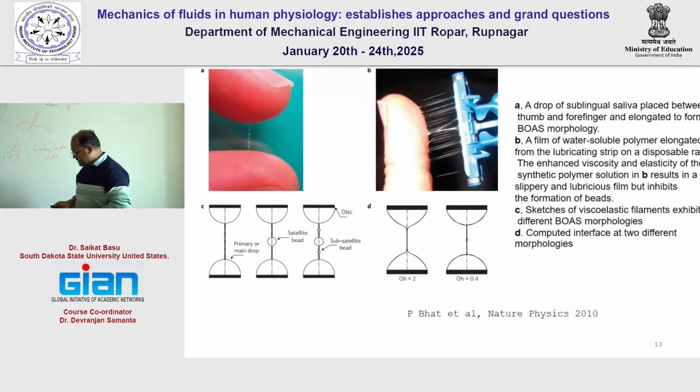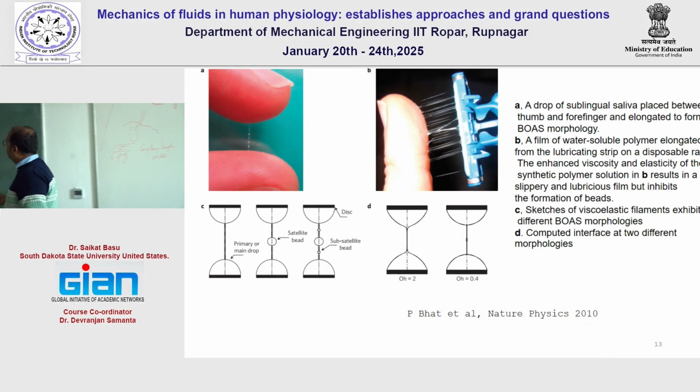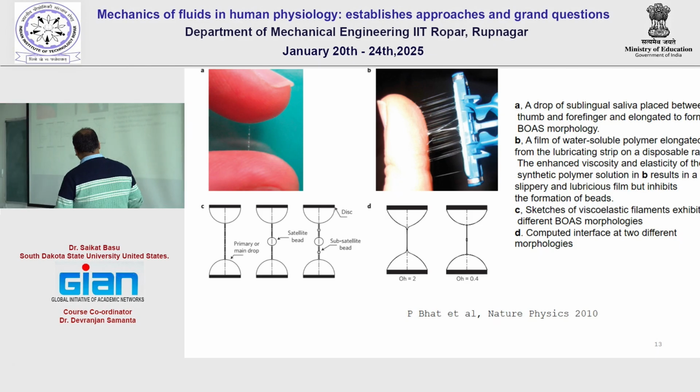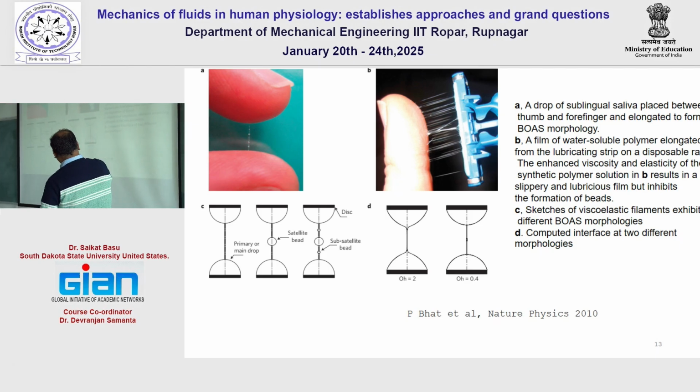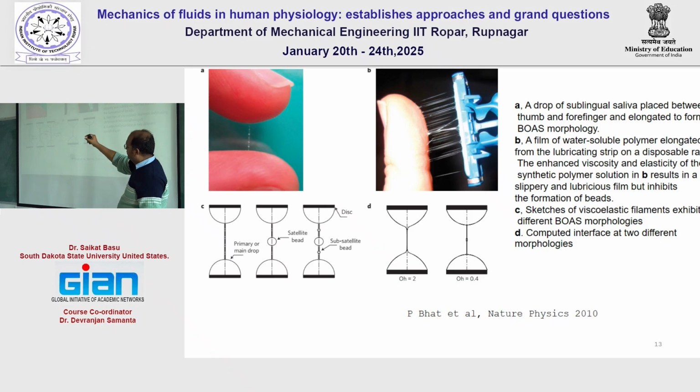Another feature, just a little bit of trivia about the viscoelastic structures, you can see. These are some figures from Gareth McKinley's group, published in Nature Physics 2010. You can see it later. Let's say the saliva in our mouth: someone has tried stretching it between his hands, and you can see that it has formed filaments here.